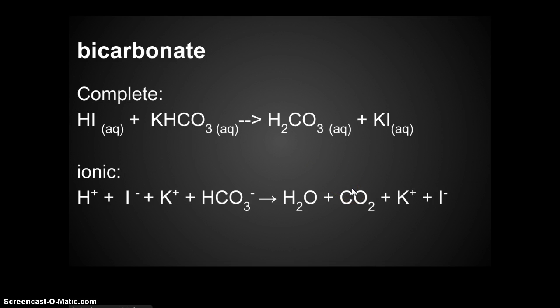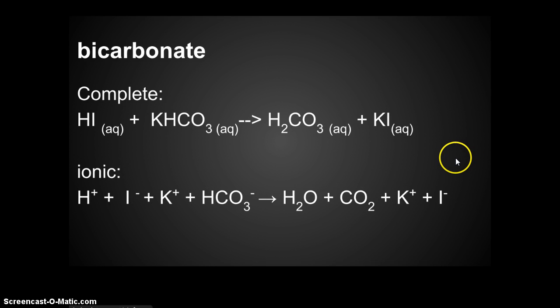So that's just something you've got to know whenever you form carbonic acid. As a result, it quickly decomposes into water and CO2. And then of course our last one here is potassium iodide, which is soluble, so we're going to break that down into potassium and iodide. I think you could probably see where we're going with this.